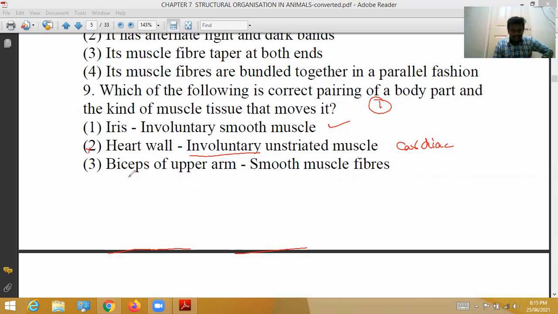Let's see the third option, biceps of upper arm. It is not smooth muscle fibers. It is actually skeletal muscle fibers. The third one is skeletal muscle fibers, but they have given smooth muscle fibers, so that third option is also wrong.